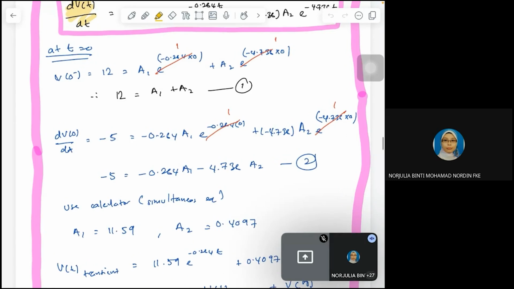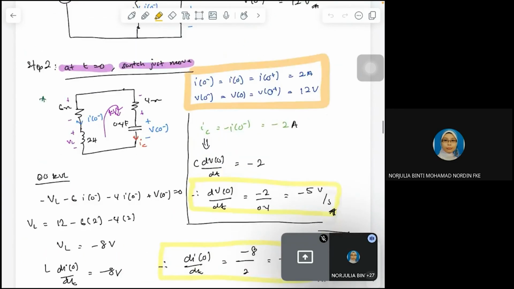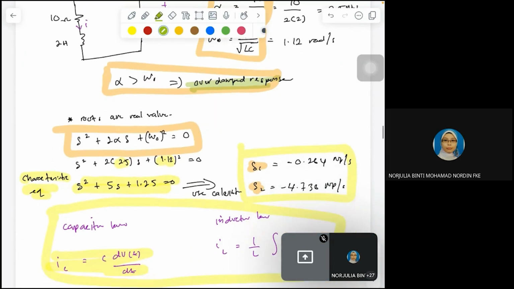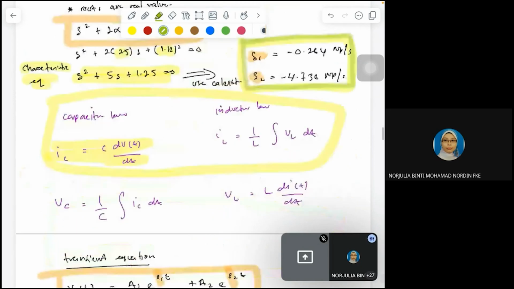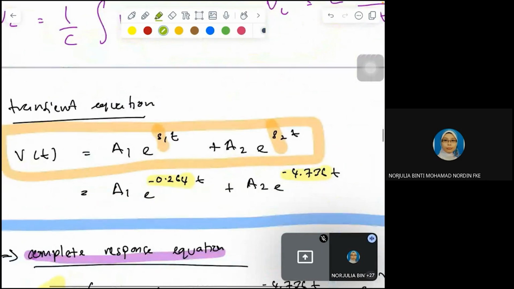So this particular example is for an overdamped response. As you can see, your root values are equal to negative 0.264 and negative 4.736. When you have your transient equation, you just write down the values that you get.